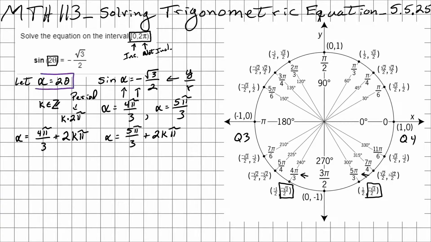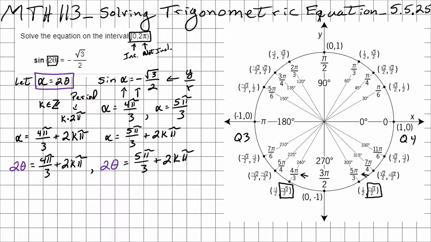And now, since we've used the substitution alpha is equal to 2 theta, I'm going to replace this alpha with 2 theta. I'm going to do that over here also. Now we write out that 2 theta is equal to 4 pi over 3 plus 2k pi, or 2 theta is equal to 5 pi over 3 plus 2k pi.